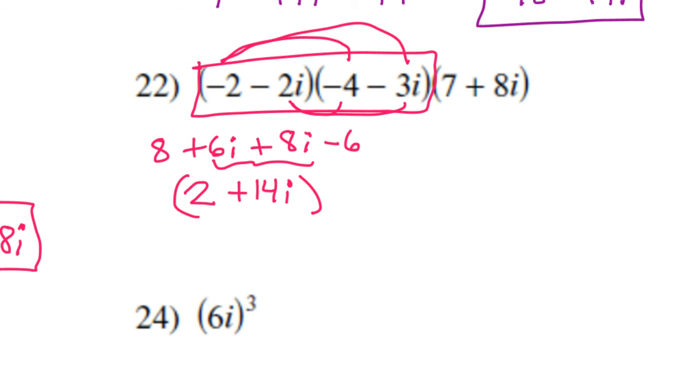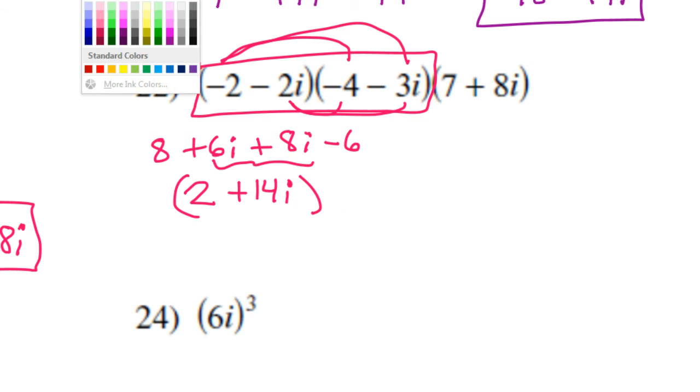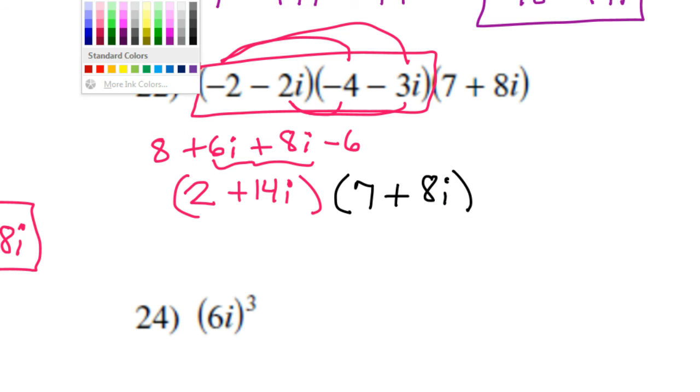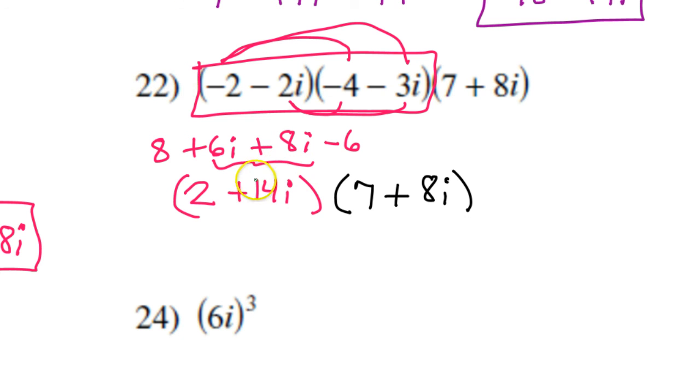Now we still have this, so I'm just going to bring that down. So I'm going to bring down my 7 plus 8i. And then I'm going to double distribute again. So I'm going to do 2 times everything. So 2 times 7, I've got 14. 2 times 8 is 16i.